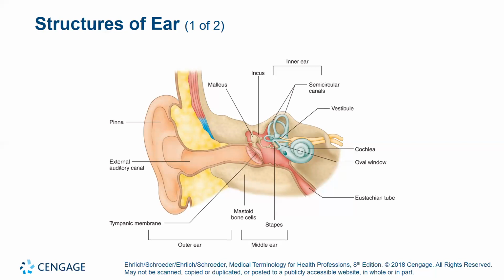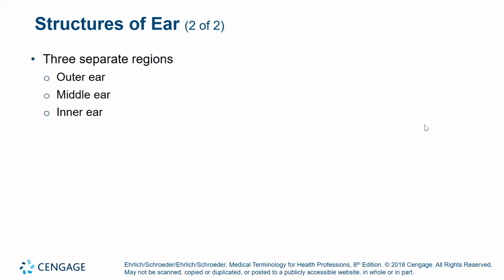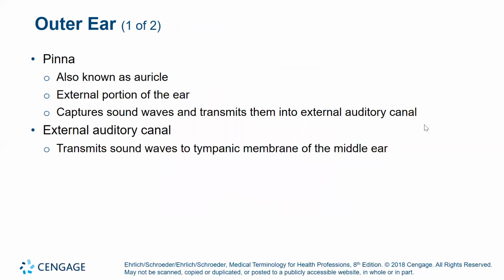You kind of see the inner ear, middle ear, and then the outer ear with all of them labeled there. We'll go through each one of these. So there are 3 separate regions with the outer, middle, inner. We have the pinna, which is also known as auricle. It's the external portion of the ear. This is where it captures sound waves and transmits them into external auditory canal.